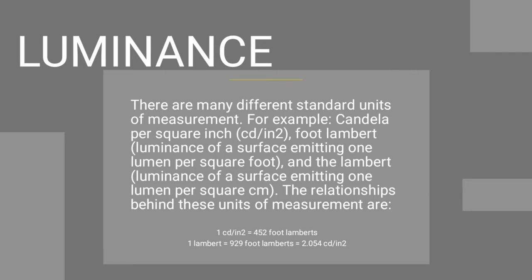The relationship between these units of measurement: 1 candela per square inch is equal to 452 foot lamberts. 1 lambert is equal to 929 foot lamberts, which is equal to 2.054 candela per square inch. Based on the SIM, it is not necessary to go beyond these brief definitions because luminance is seldom used.